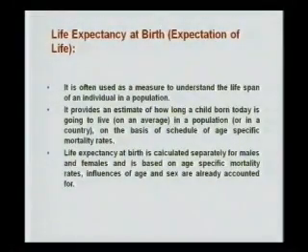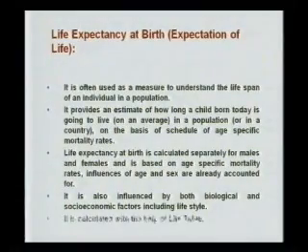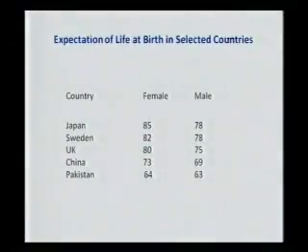As shown in Japan, for example, the life expectancy at birth is much higher for females than males. In Japan, females on average at the time of birth live 85 years as compared to males, who live up to 78 years.